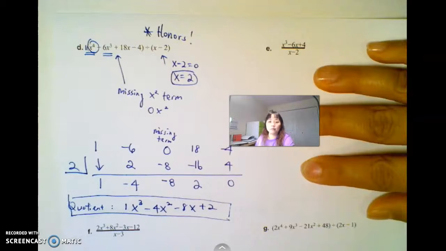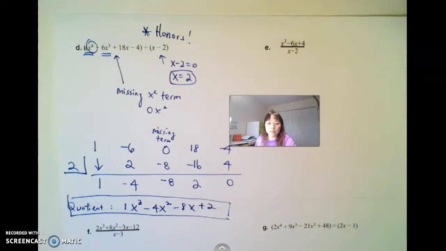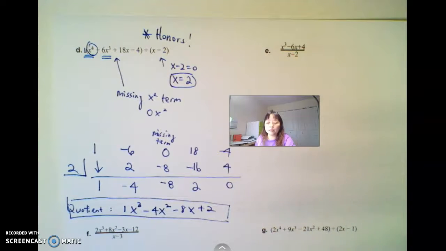There. And then let me try the one with a coefficient more than 1. So let this sink in. If you have to pause it, pause it. Pause it, copy it, make sure you understand before you move on.